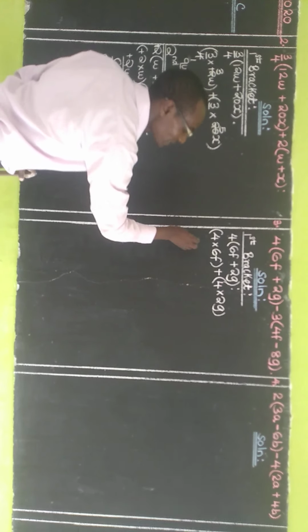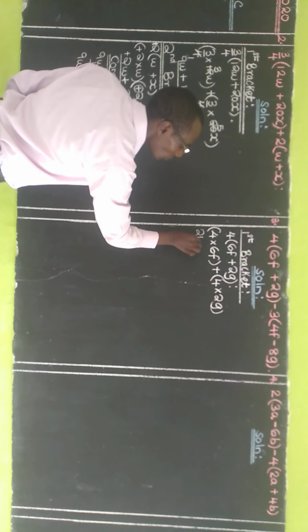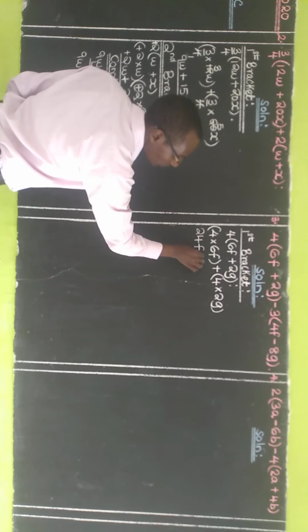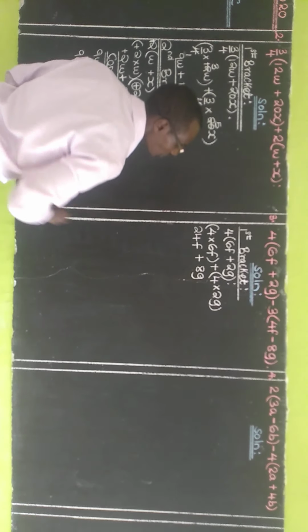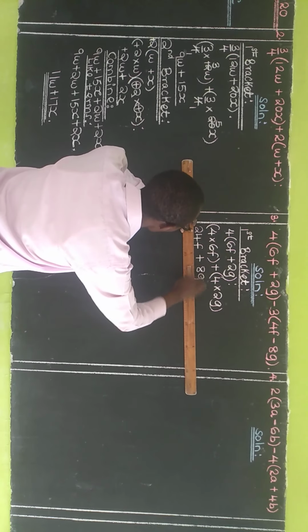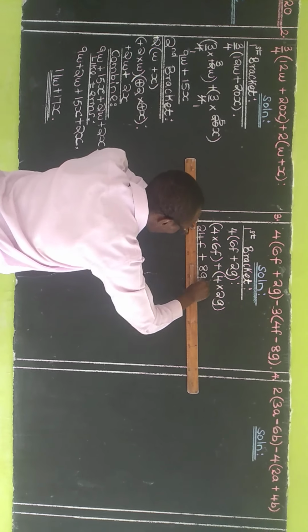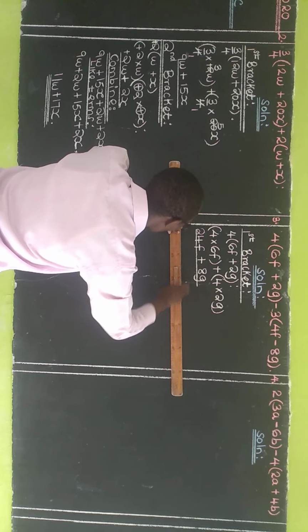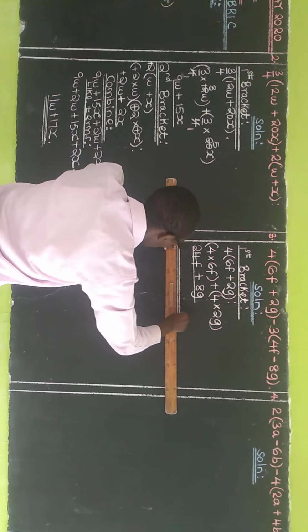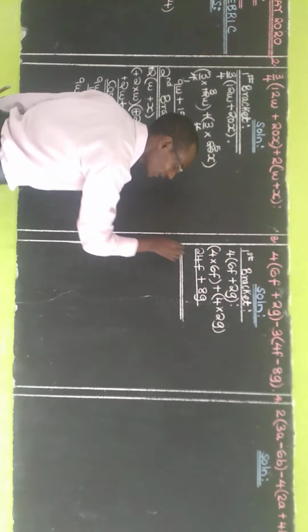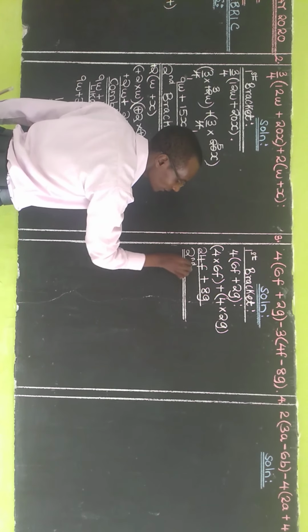Now, 4 times 6f gives you 24f plus 4 times 2g gives you 8g. So this is the result for the first bracket. After opening the first bracket, I go on and open the second bracket.